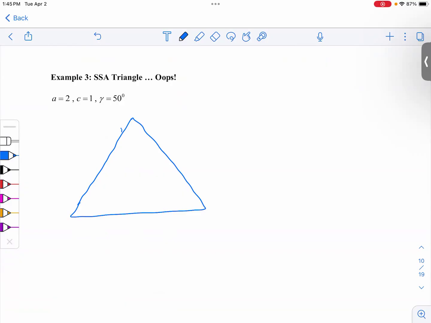All right, A, B, C, and gamma 50. So law of sines, sine of 50 degrees all over 1 equals sine of alpha all over 2.